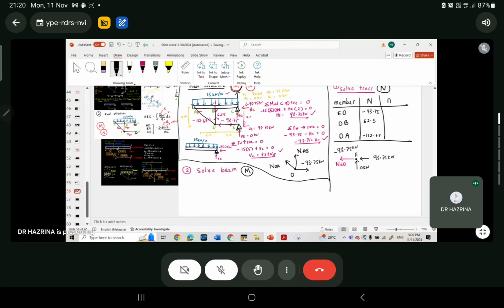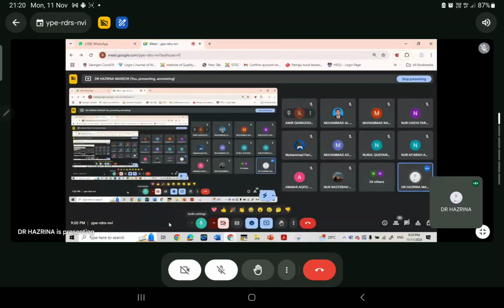Yang pergi toilet, cepat-cepat datang sini. Jangan pergi toilet lagi. Nak minum air pun stop dulu. Okay, tengok sini. Semua dah tengok? Okay, alright. So, cara nak kira soft beam punya equation ni, first kali, tengok. Semua dah tengok ke? Bagi emoji.